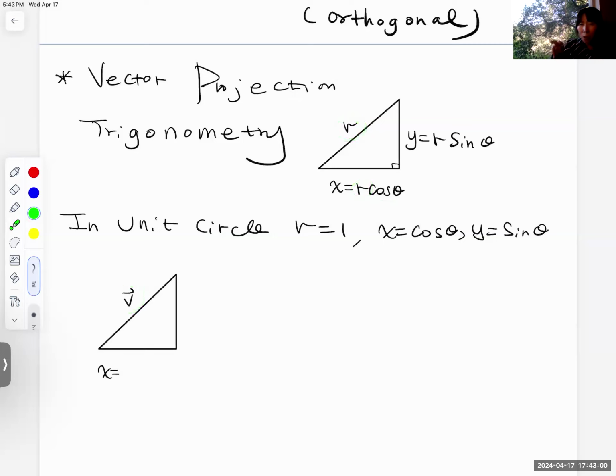But we are talking about the length, and this is a vector. So how do we indicate the length? Magnitude, right? So x equals the magnitude of vector V times cosine theta. Same concept for y: instead of R, we use the magnitude of vector V and sine theta, right?